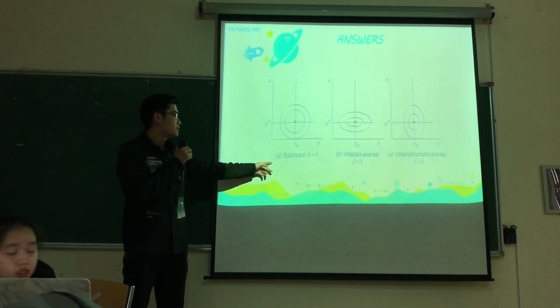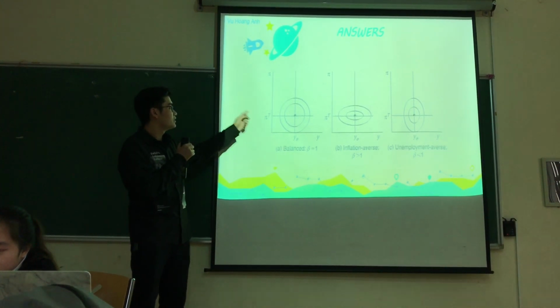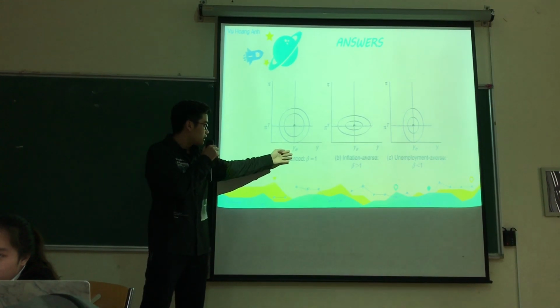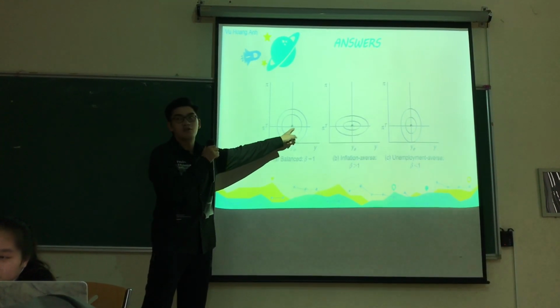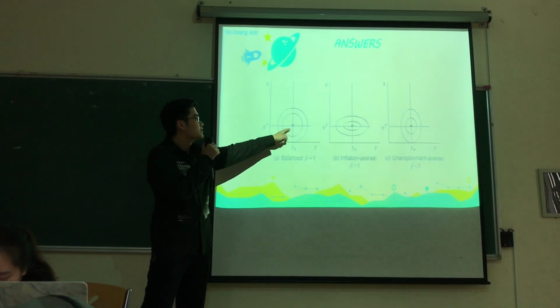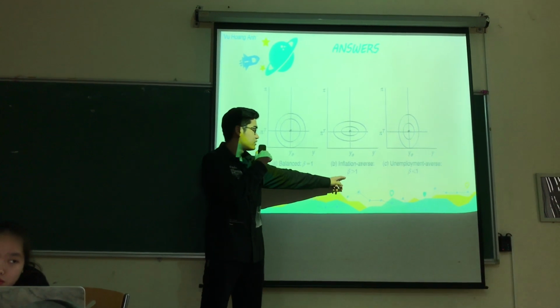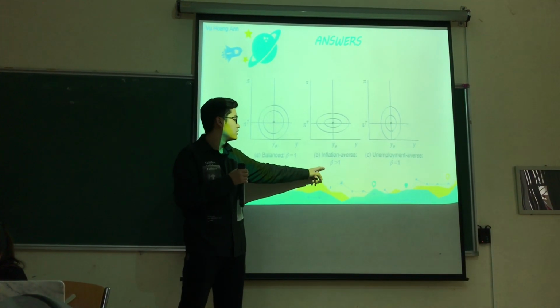In the first case, when beta equals 1, the inflation target and output equilibrium is a perfect balance at the center of an indifference circle. In the second case, beta is greater than 1.